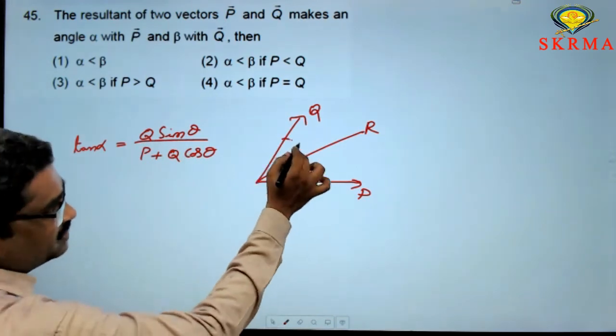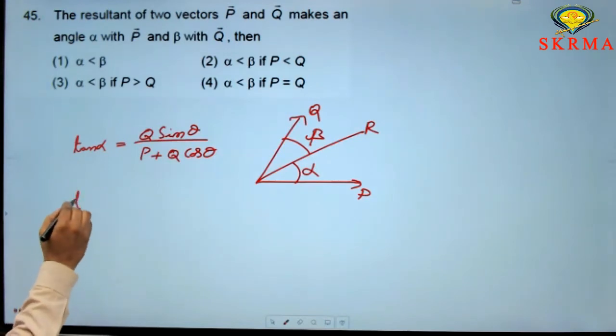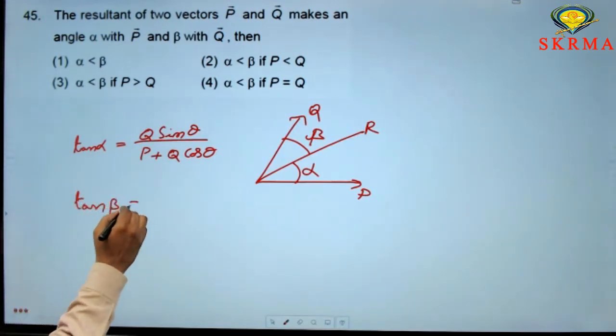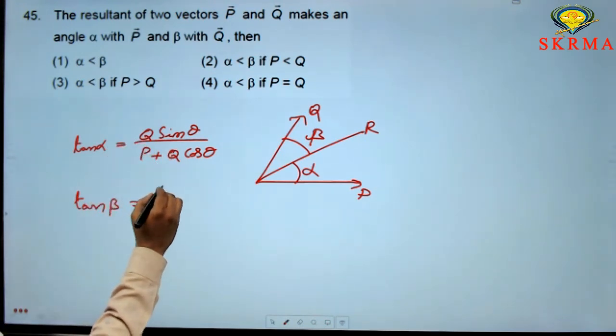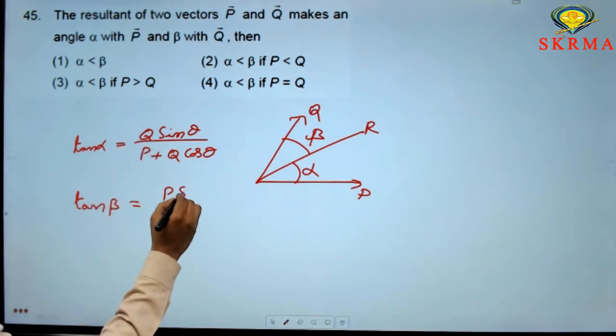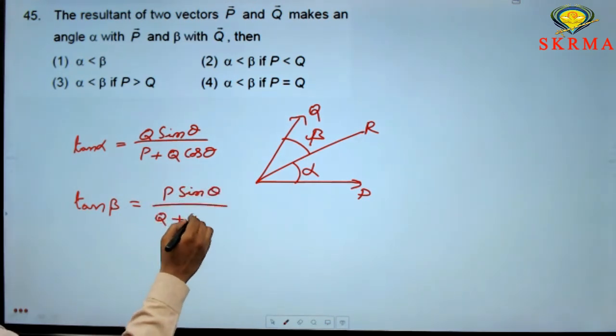Now assume that this is making an angle beta. Now tan beta can be written similarly, P with Q, Q with P. So P sin theta by Q plus P cos theta.